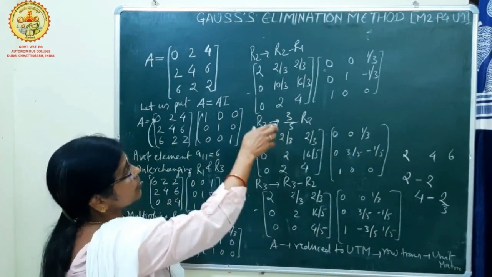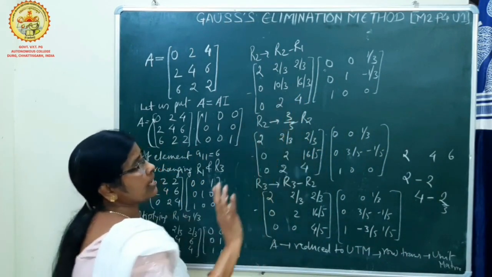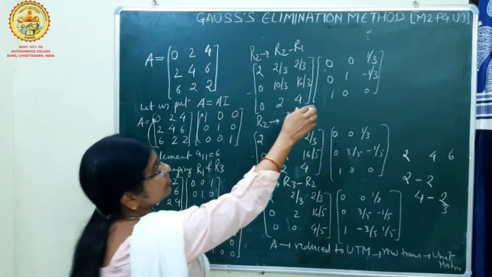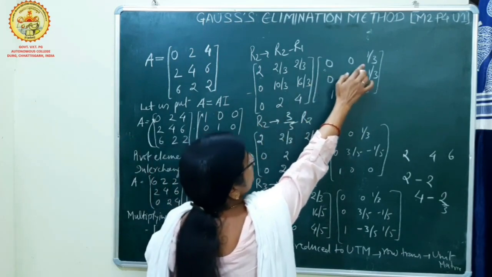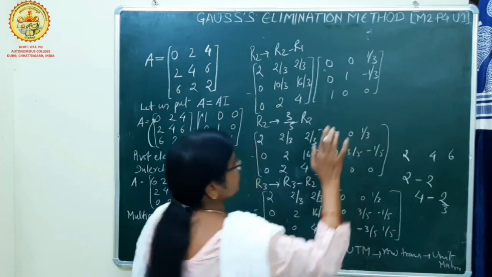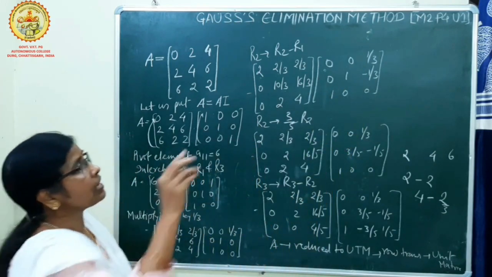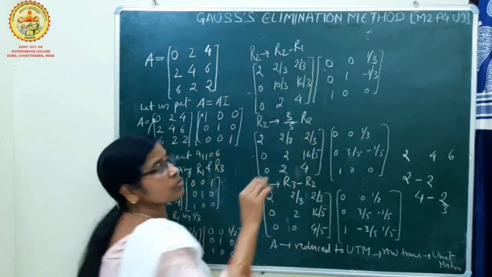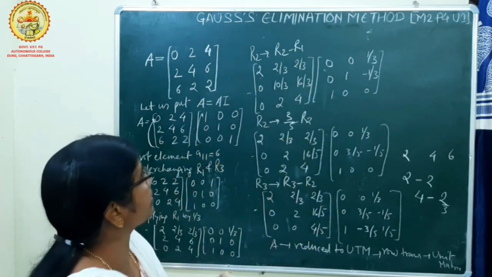The third row 0, 2, 4 is as it is. Similarly for the unit matrix: 0, 0, 1 by 3; 0, 1, minus 1 by 3; 1, 0, 0. So the change is only in row R2, where R2 equals R2 minus R1.